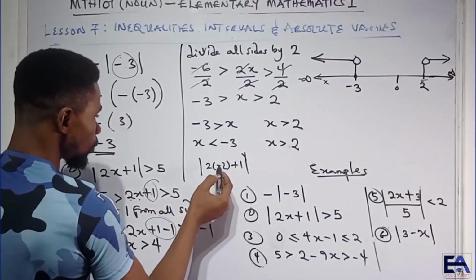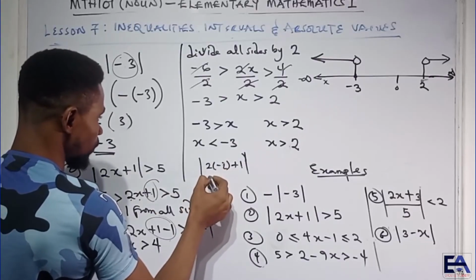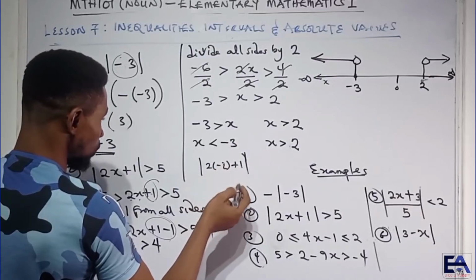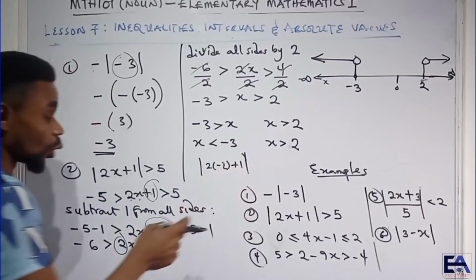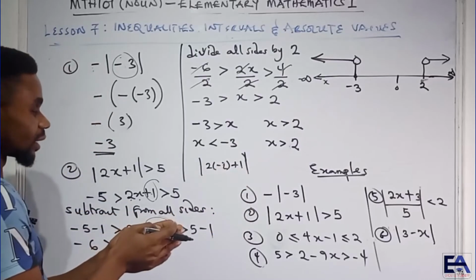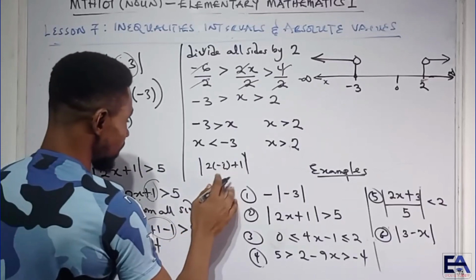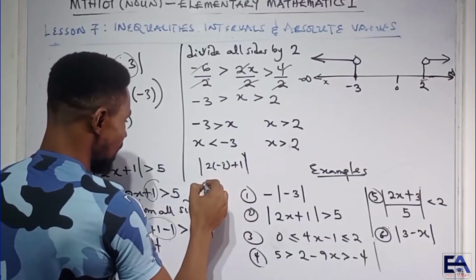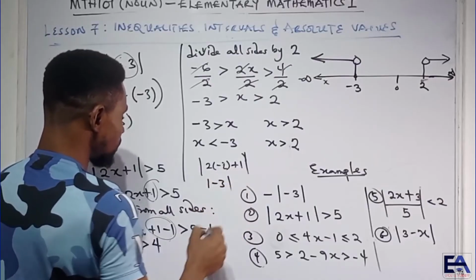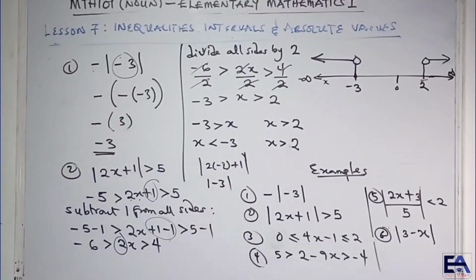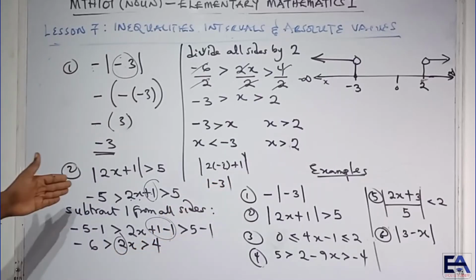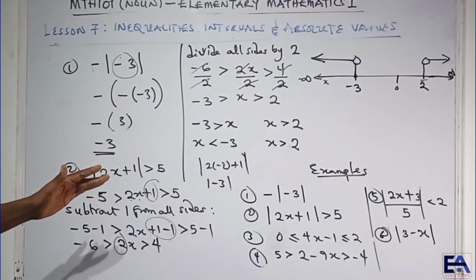So 2 times -2, that will give us -4. -4 plus 1: if I'm owing 4 and I'm having 1, then that's -3. Okay, so we now have absolute value of -3.